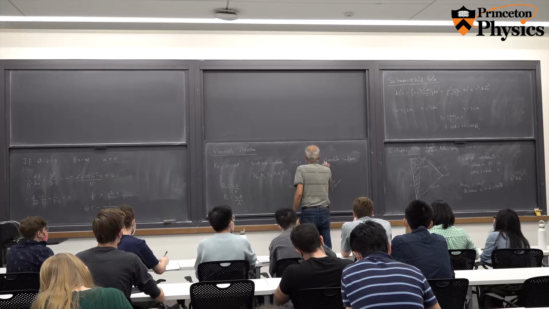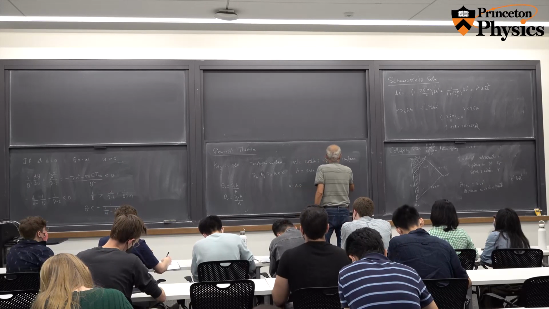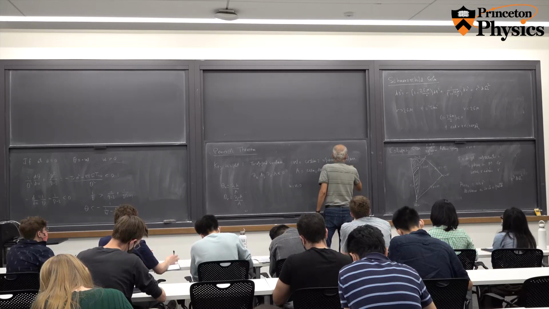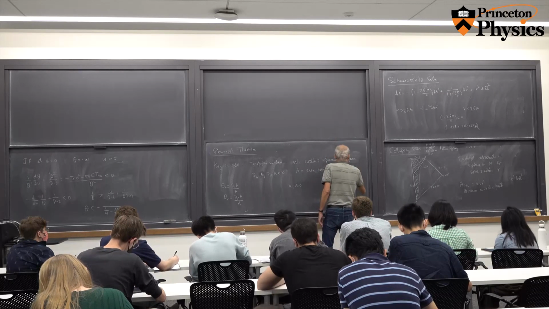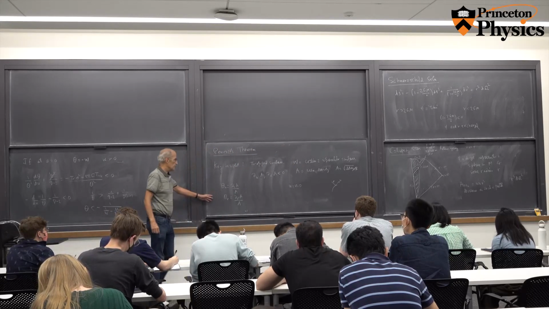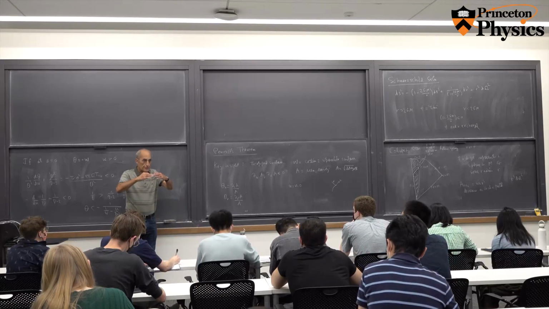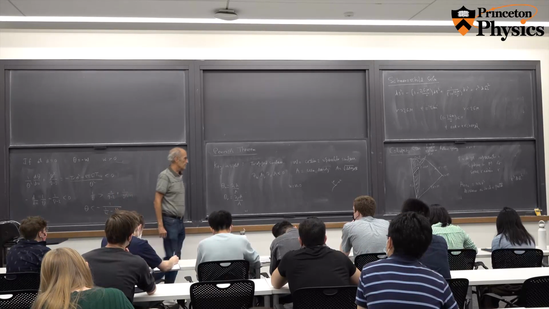I should have said that A is the area density. So A is the square root of the determinant of GAB in the previous discussion. So this is a pointwise condition on the surface. At each point on the surface, locally, if you move outward in either null direction, the area goes down.